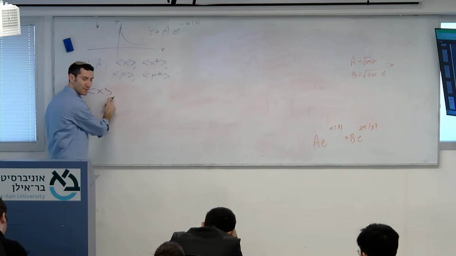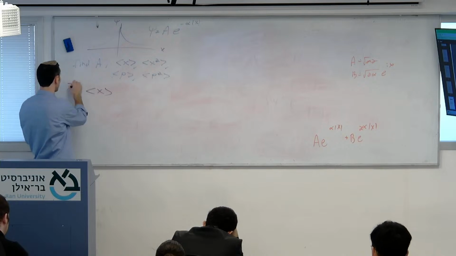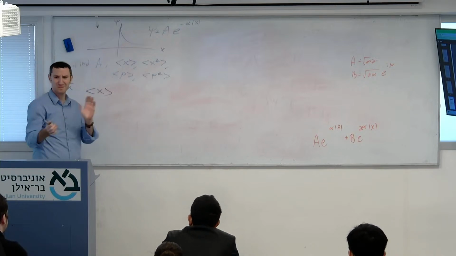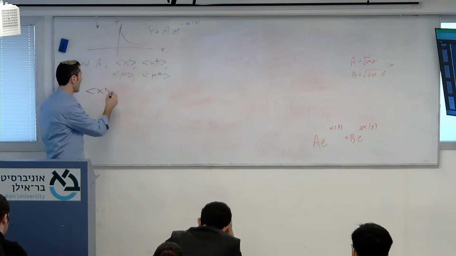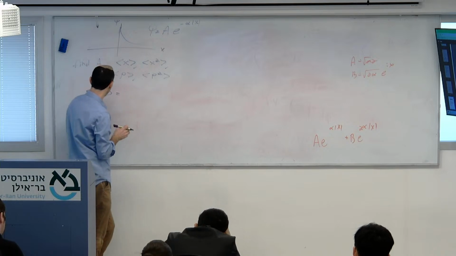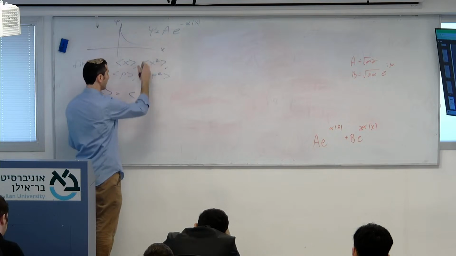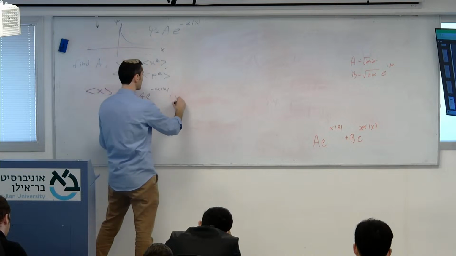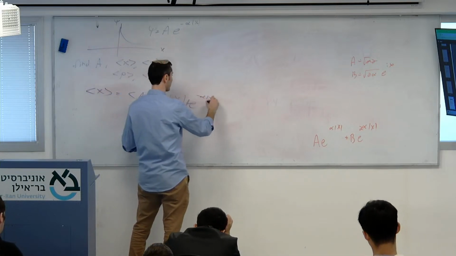X, this is how I say the mean position. I'm not going to write x like this because it's too confusing, because we have the x operator; this is the way we write the mean of x. And it is going to be the integral of a e to the minus alpha x times x times a e to minus alpha x.